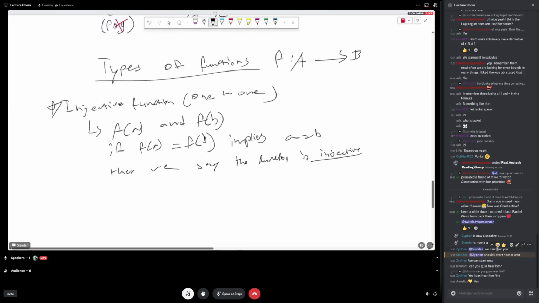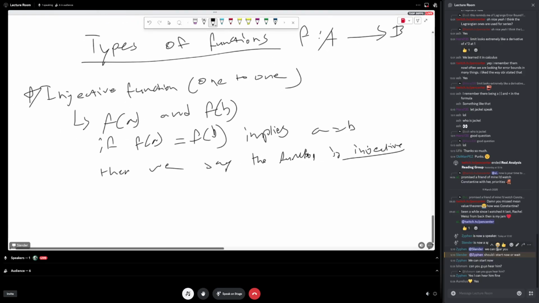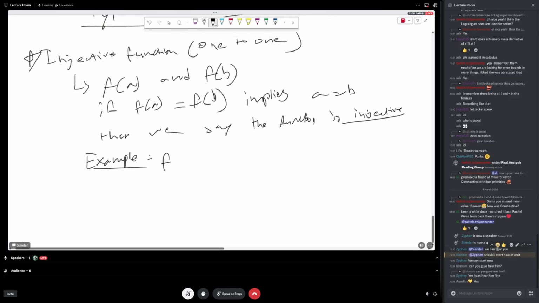So for example, in the case of injective functions, we have an example. Consider just a real valued function. f of x is equal to, just say, 2x, for example.